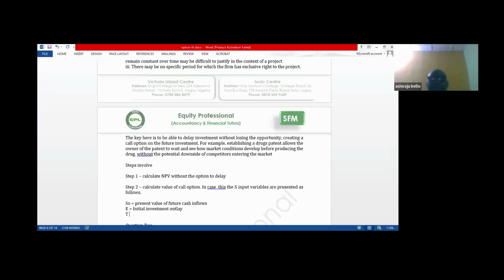Capital letter T, number of years the project can be delayed.